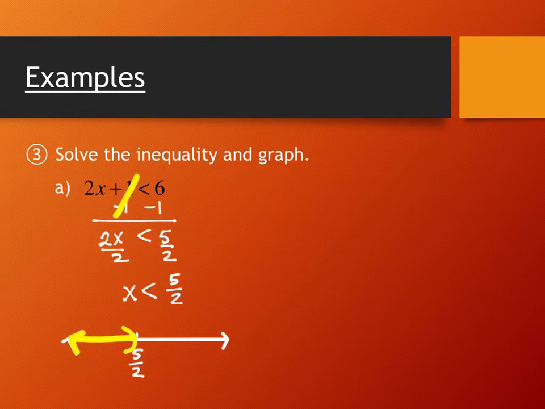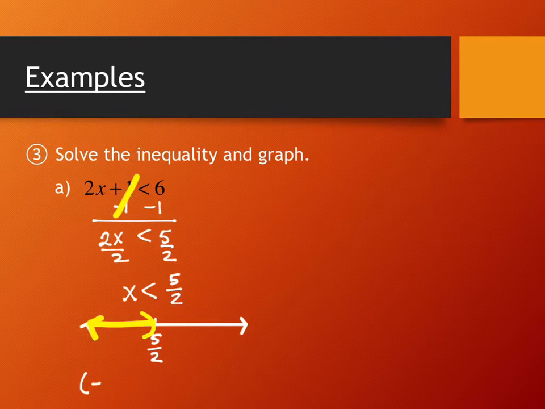And then my inequality form would start from negative infinity because my shading goes all the way to the left with the parenthesis, always with the infinities. It will stop at 5/2 and it will have that same parenthesis that the graph does. So those are the three forms all there at the bottom. And then you just use whatever they tell you.